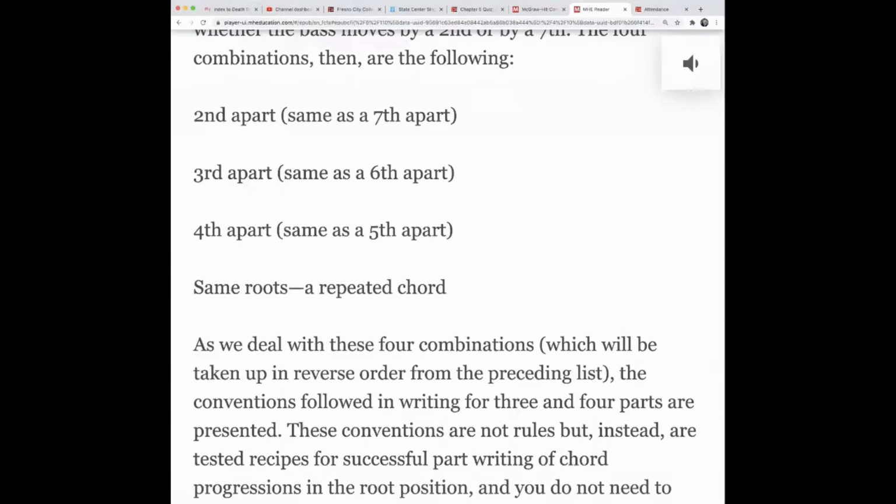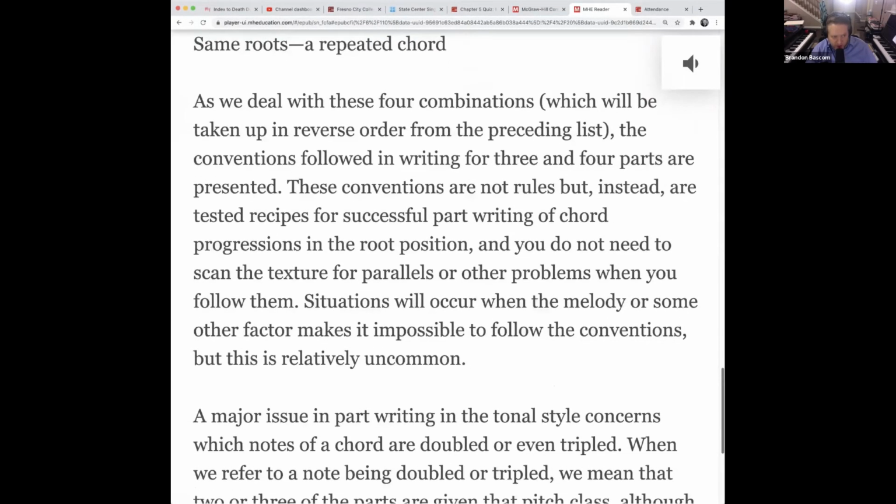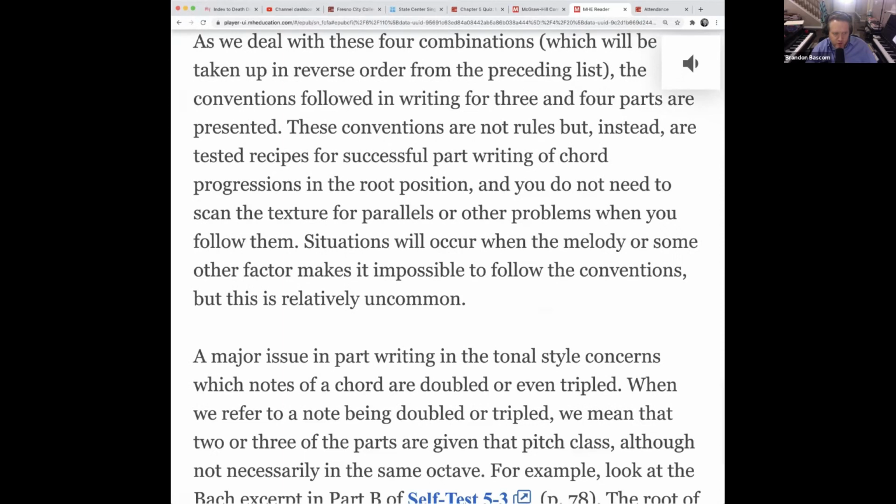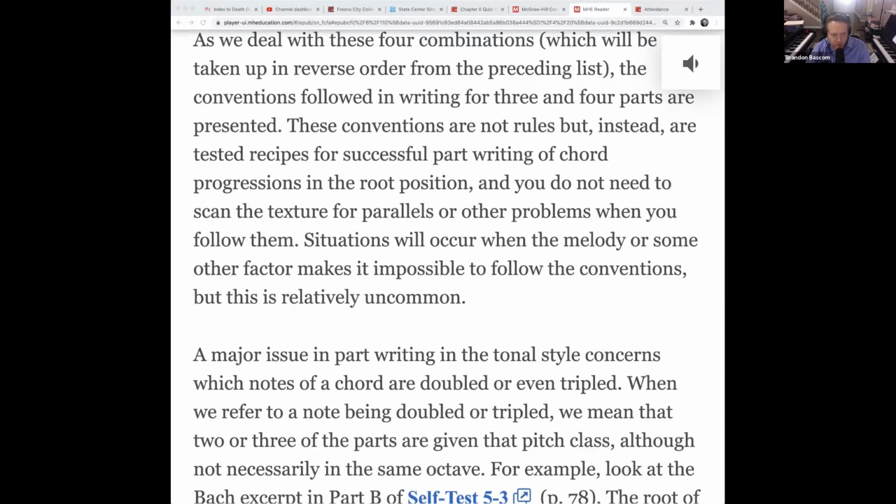Okay. As we deal with these four combinations, which we will take up in reverse order from the preceding list, the conventions followed in writing for 3 and 4 parts are presented. These conventions are not rules, yes they are, but instead are tested recipes for successful part writing of chord progressions in the root position, and you do not need to scan the texture for parallels or other problems when you follow them.